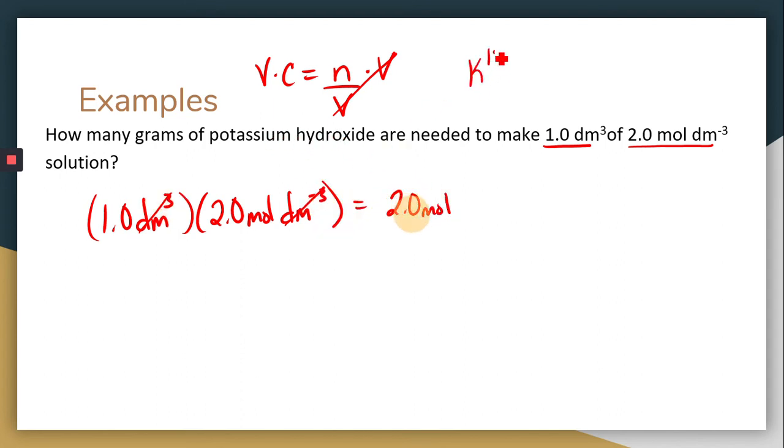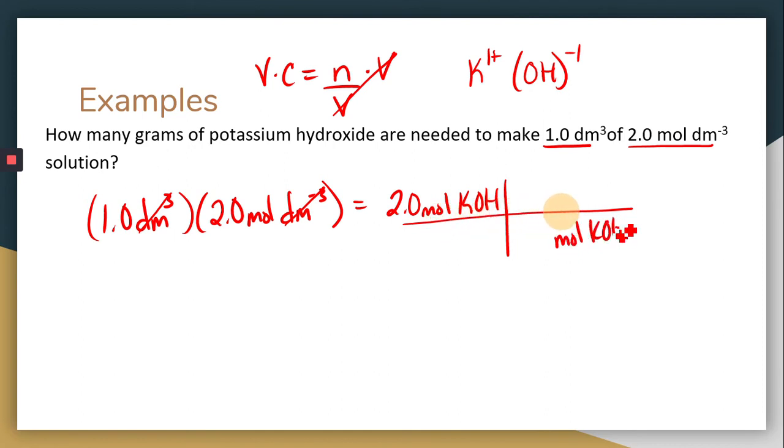Remember, potassium is in group 1, so it's +1. Hydroxide's a polyatomic with a -1 charge, so it's KOH. And then we can convert that to grams, bring our unit and substance to the bottom.